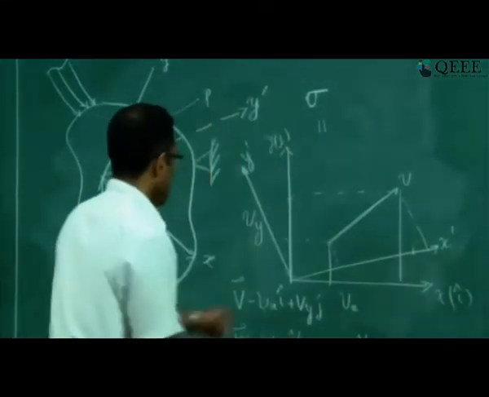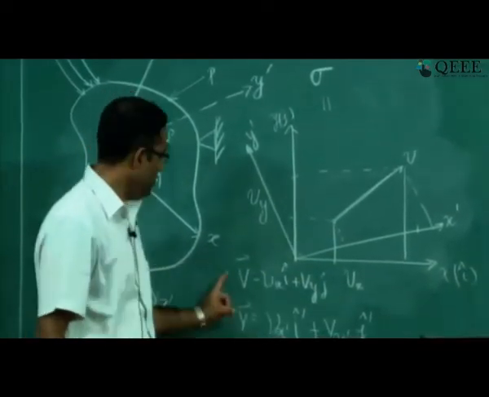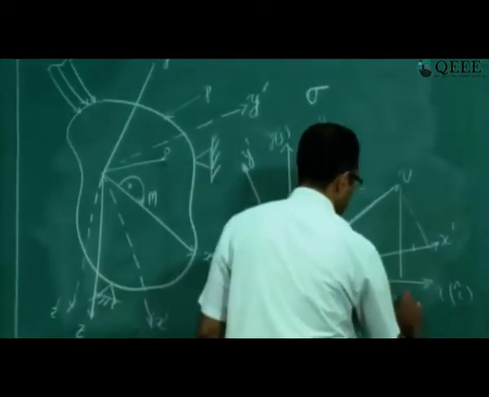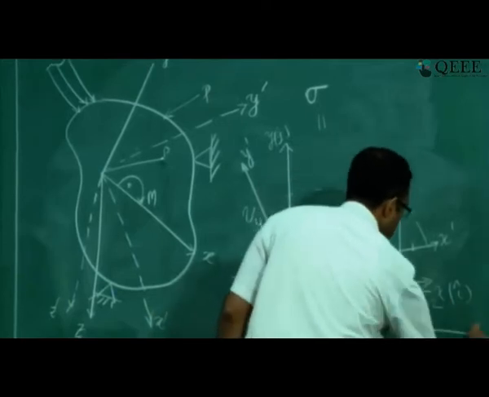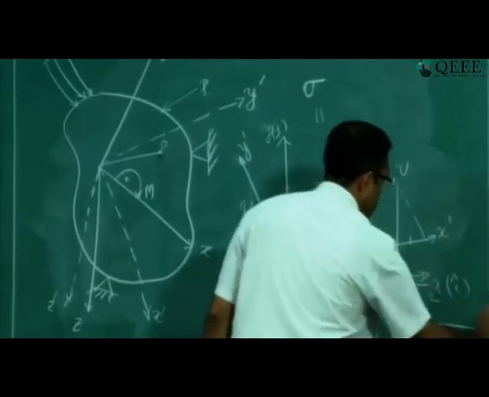What is it? If you find the magnitude of this velocity in both cases, it will essentially be the same, right? The square root of vx square plus vy square will be equal to the square root of vx dash square plus vy dash square.